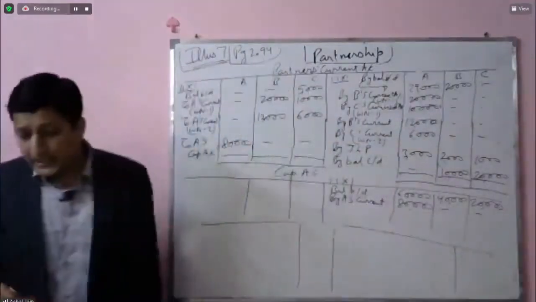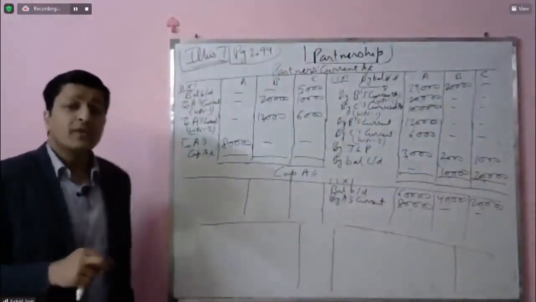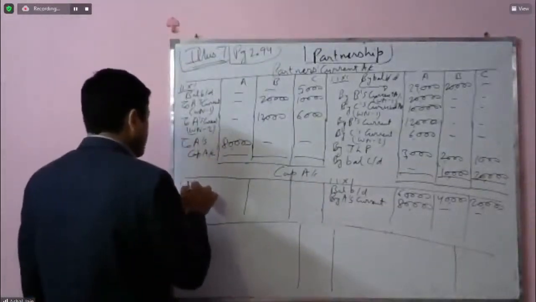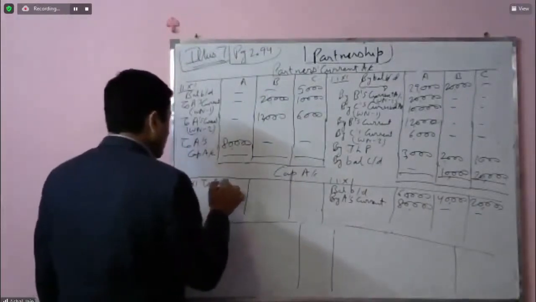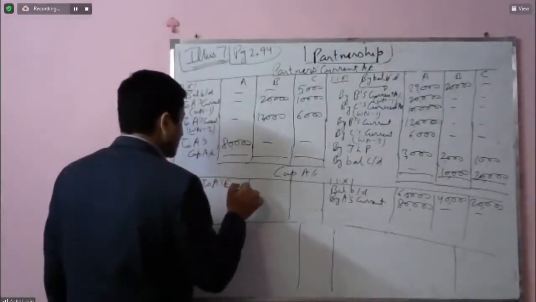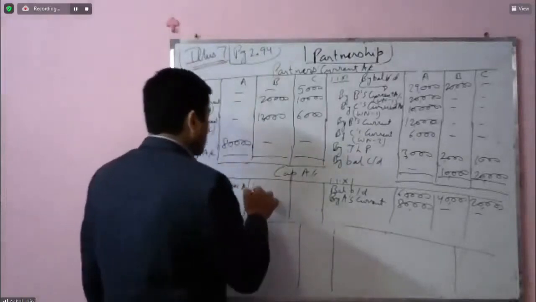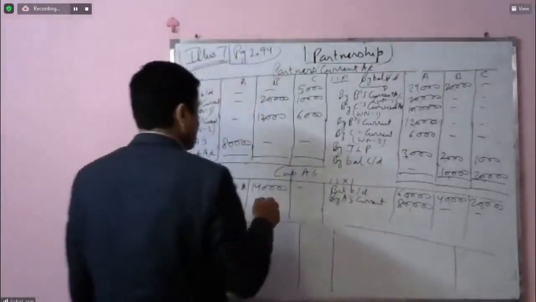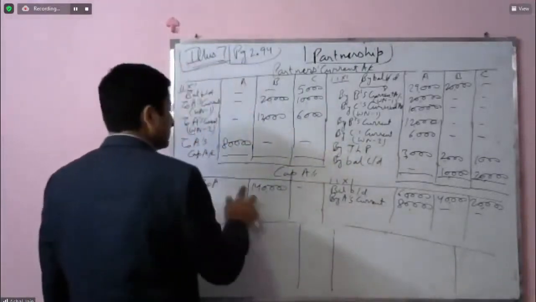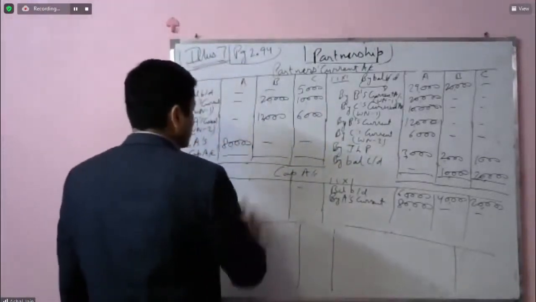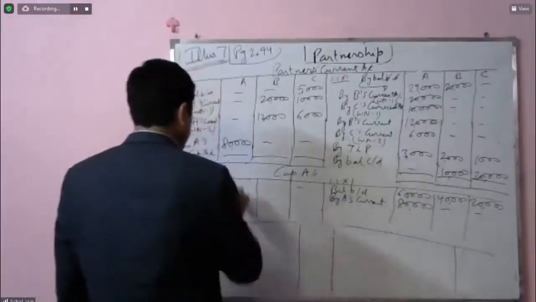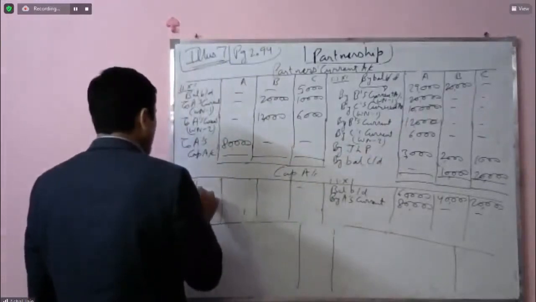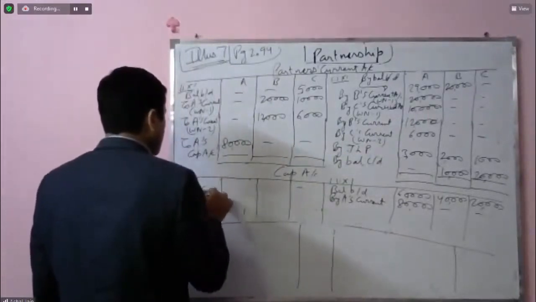And now from the current account, it will shift to its executors account. 1st of January X1 to A's executors account. And what's the total? 1,40,000. To A's executor account.